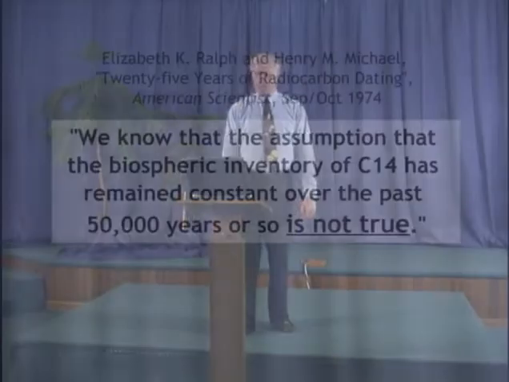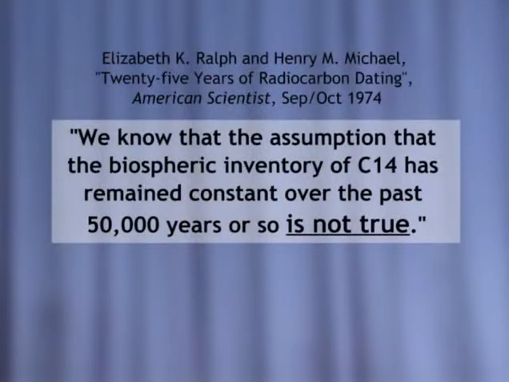So the assumption of equilibrium. We know that the assumption that the biospheric inventory of C14 has remained constant over the past 50,000 years or so is not true. See, even people who accept evolution know full well that this ratio has been changing.